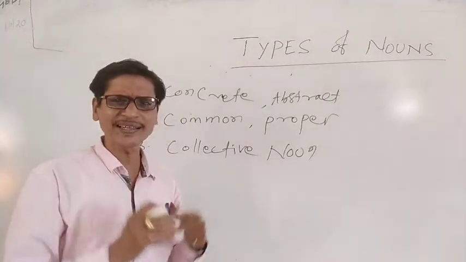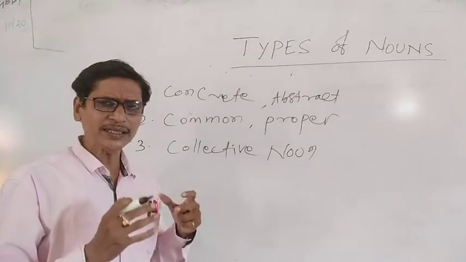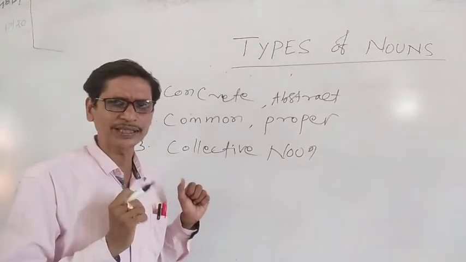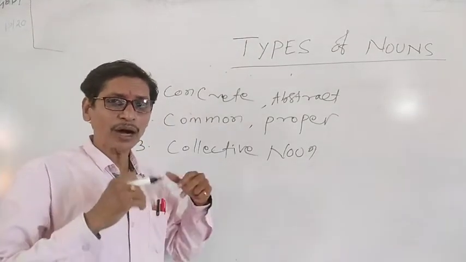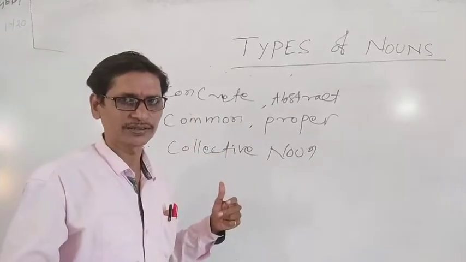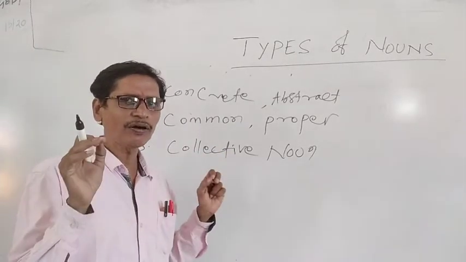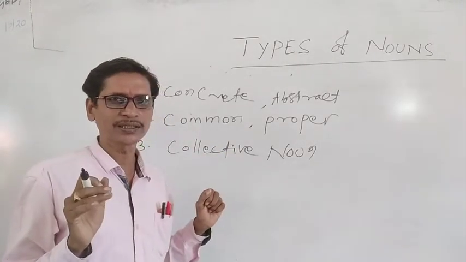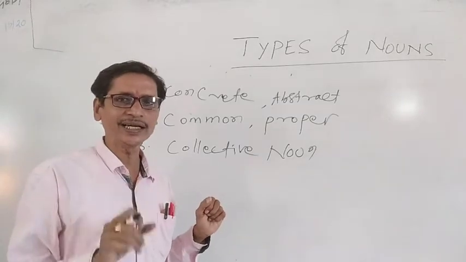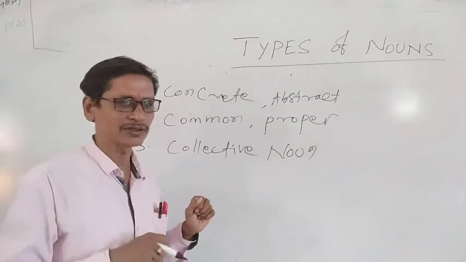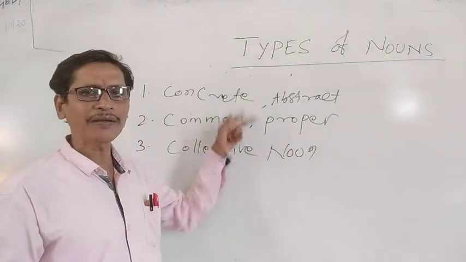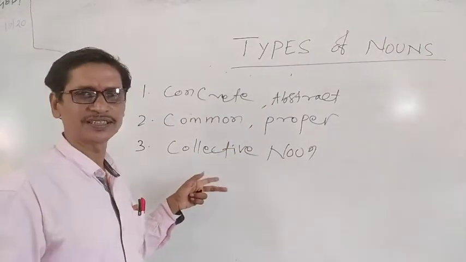Generally, while speaking in English, we need to have some knowledge about this. Therefore, for your clear understanding, recognizing and identifying different types of nouns, I have explained these types.